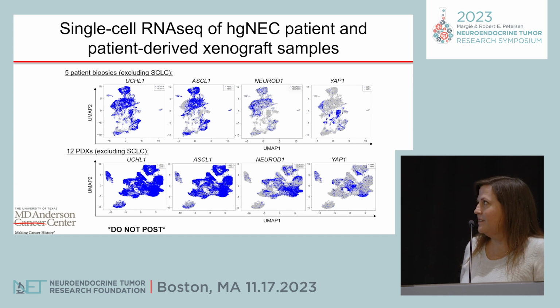We also see heterogeneous expression of some of the small cell lung cancer molecular subtype markers, including ASCL1 and NeuroD1. And we see expression of YAP1. This does not define a molecular subtype in small cell lung cancer, but we do see expression in these other high-grade NET samples. And we've done quite a bit of work on YAP1.